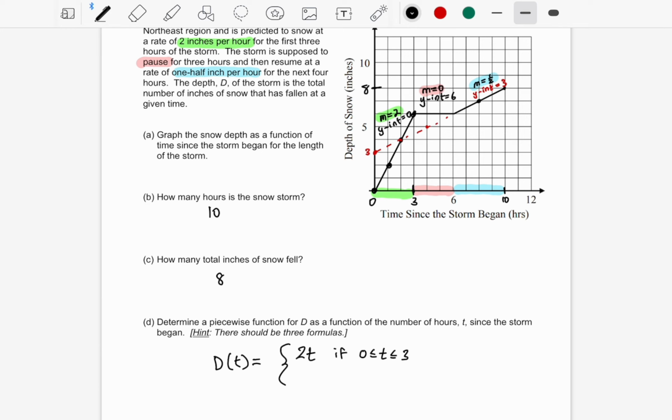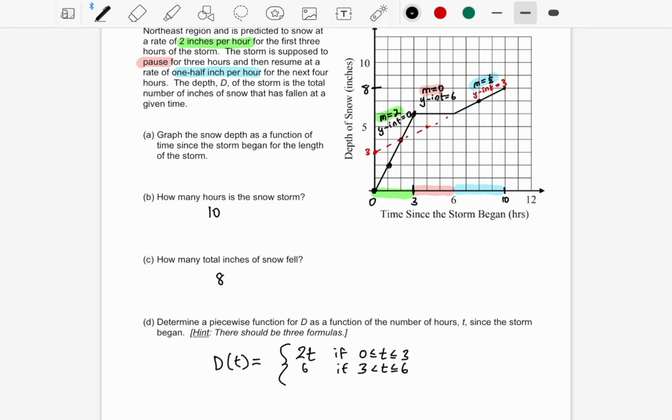Then the next 3 hours, the period of time after the 3rd hour but ending at the 6th hour, it has a value of 6 because we're looking at 0t plus 6. So if 3 is less than t is less than or equal to 6, that would give us the next 3 hours.